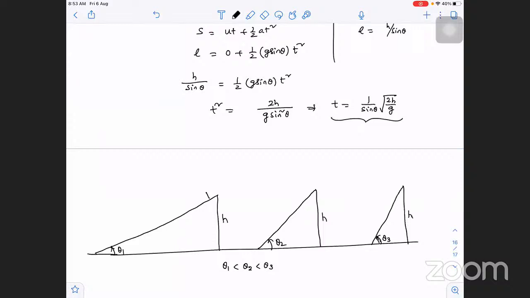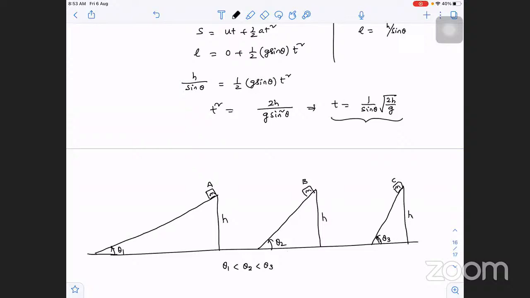Now, if I'm keeping an object of mass m, all are released at the same instant. If all the blocks are released at the same instant, which block will win? Let us say A, B, C. See, this is a common sense question.